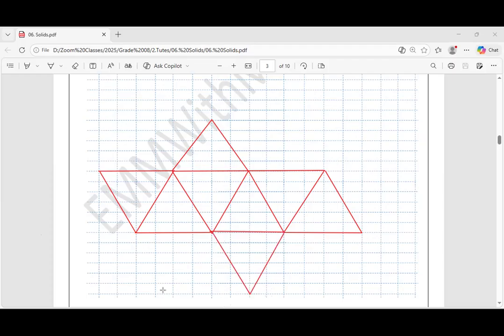Like this. So now here we have face 1, face 2, face 3, face 4, face 5, face 6, face 7, face 8. Now there are 8 identical equilateral triangles.